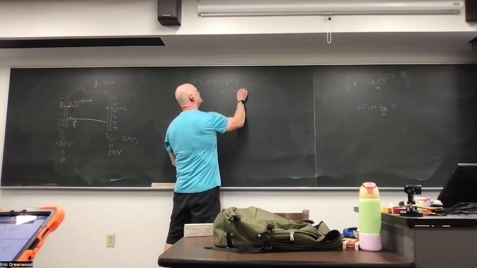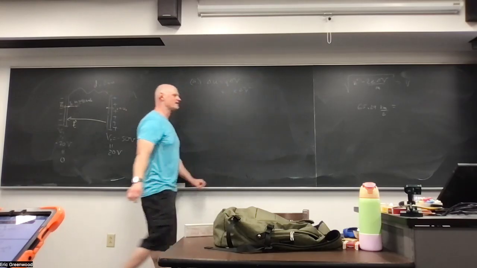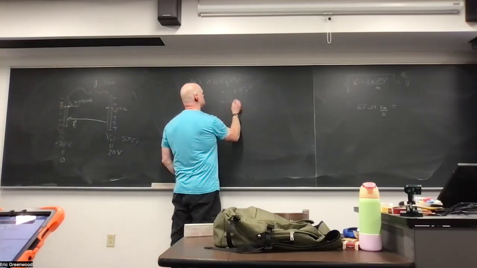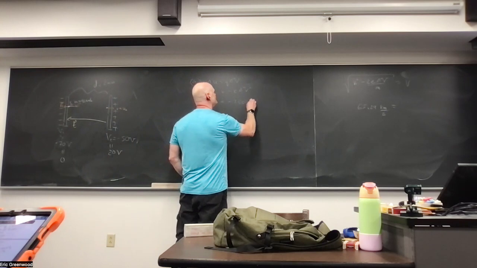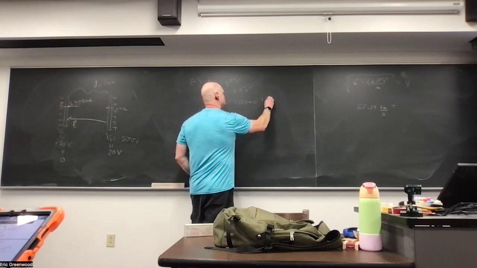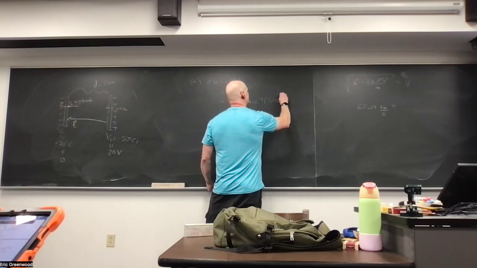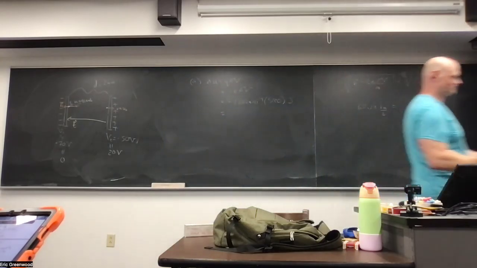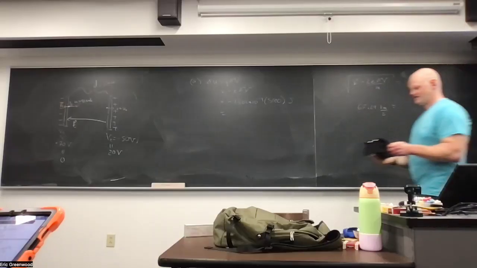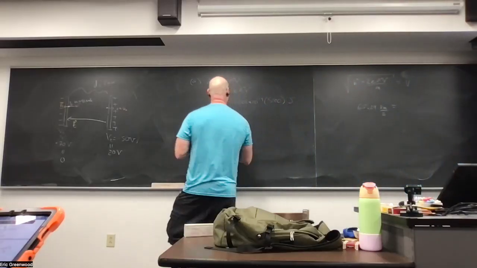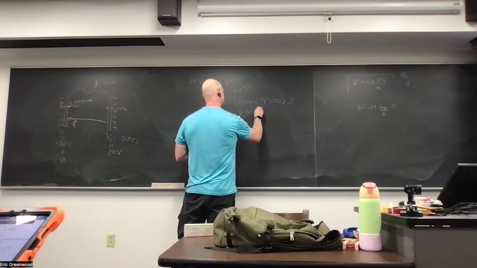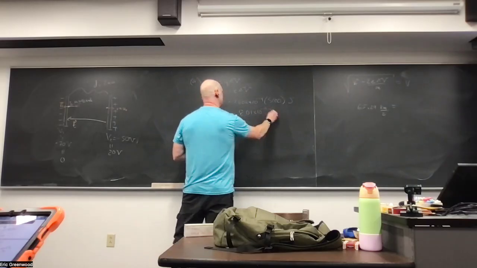So it's going to be negative e times my change in potential. So this guy is going to be equal to minus 1.602 times 10 to the minus 19 times 5,000. And this is going to have units of joules, which works out to be, when I plug in my numbers, negative 8.01 times 10 to the minus 16 joules.